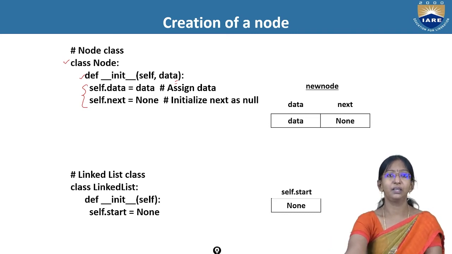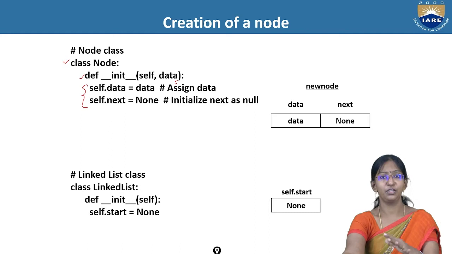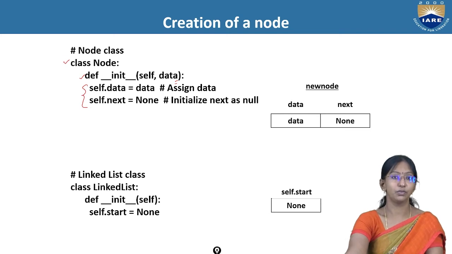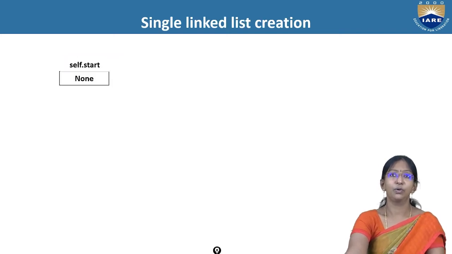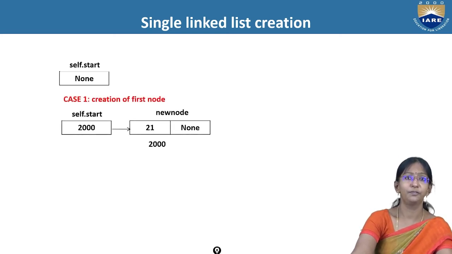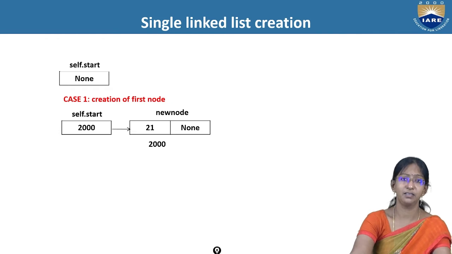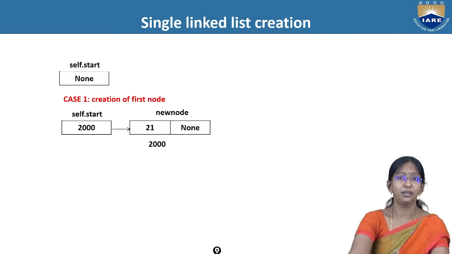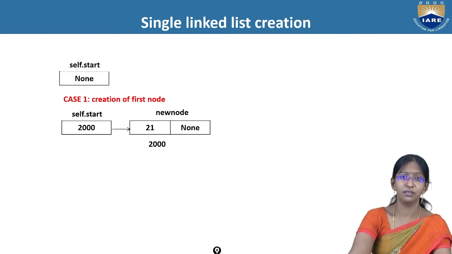Once you create a node, start is filled with the address of the first node. So if it is None initially, whatever new node you take, fill its address inside start, and the construction of the singly linked list has started.